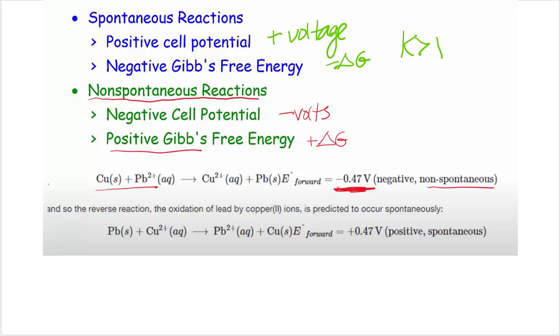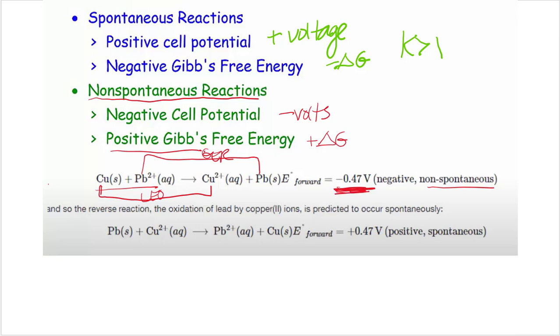In order to reverse this reaction, we can see here that our copper to copper 2 plus, this is our LEO, this is what's being oxidized, and our Pb is being reduced. So that's our GER. And because of that, having the cathode and the anode the way that they are, we get this negative voltage.